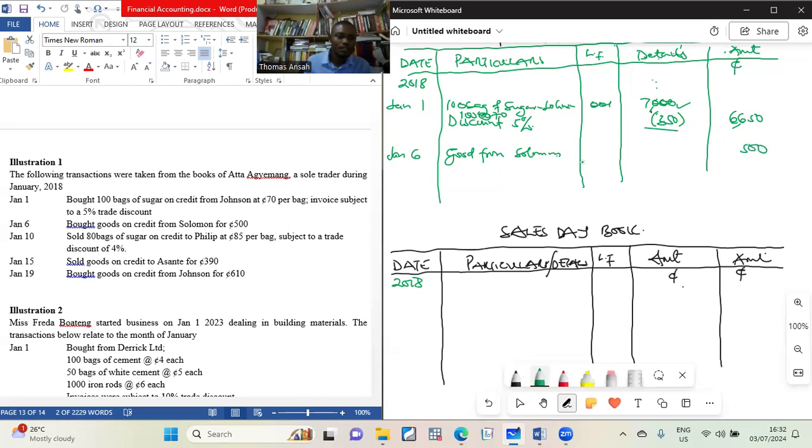Then they sold goods, 80 bags of sugar on credit to Philip. So this one is January 10. So what you do is 80 bags of sugar at 85 cedis each.